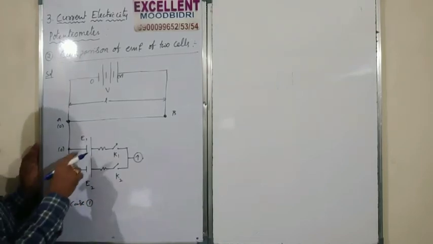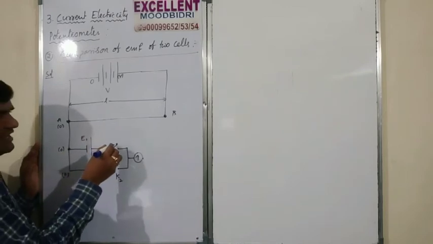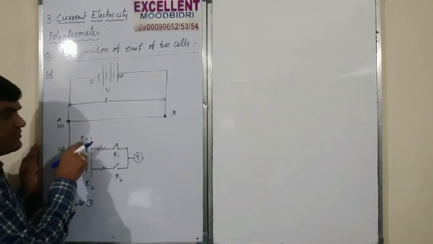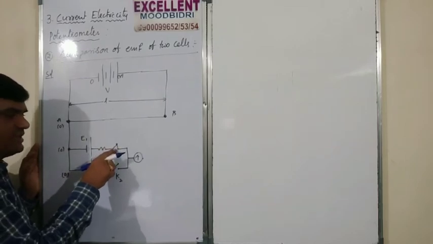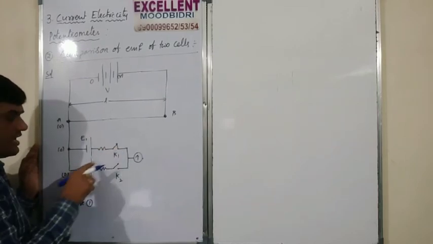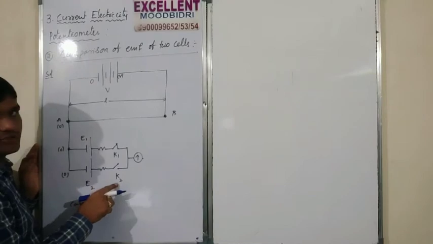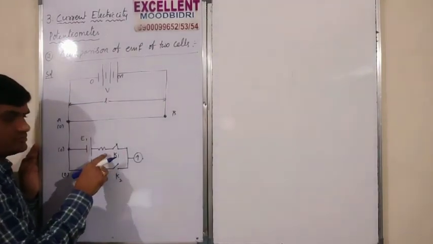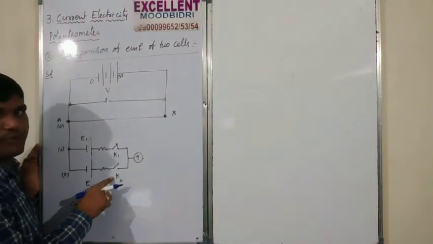For case 1 purpose, first E1 cell has key K1, E2 cell has key K2. K1 is closed and K2 is open.